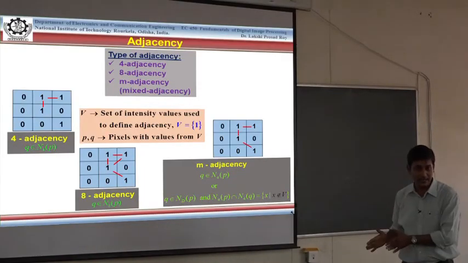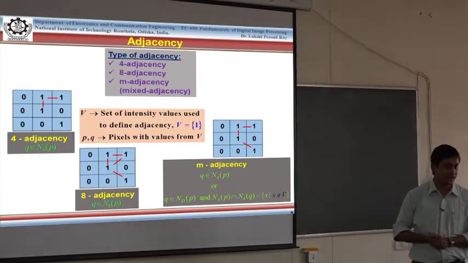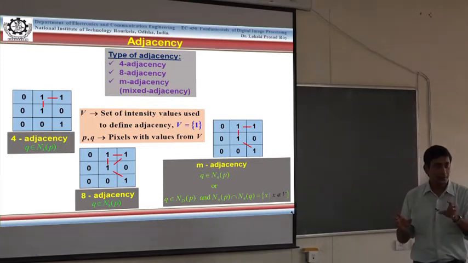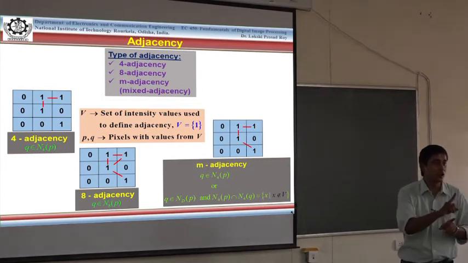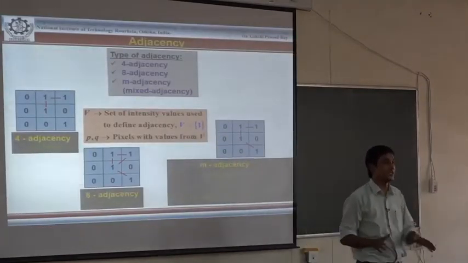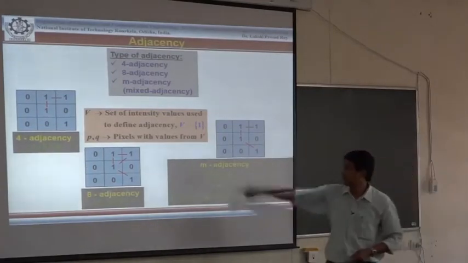If it is diagonal, then a red line can be given there, but it has to satisfy that the intersection of N4P and N4Q should not contain this particular intensity value for which we are finding the adjacency. Because whenever you talk about adjacency, this comes first.